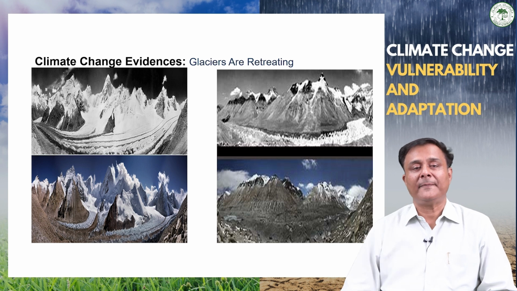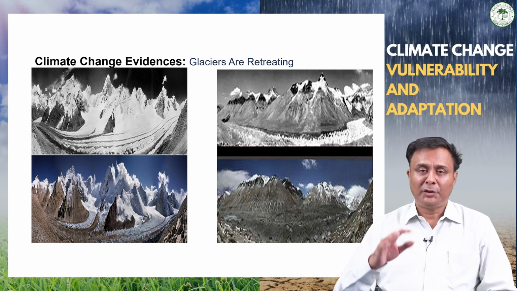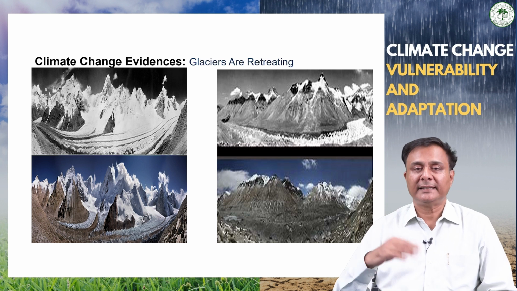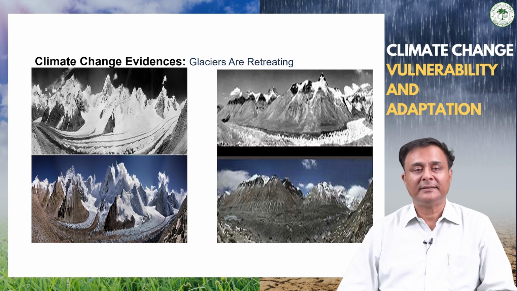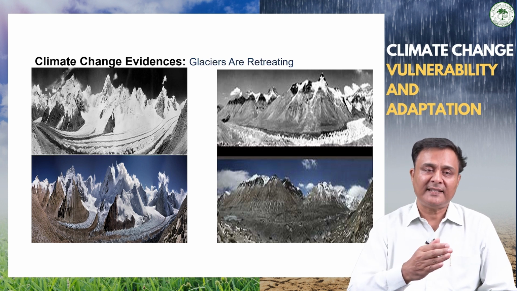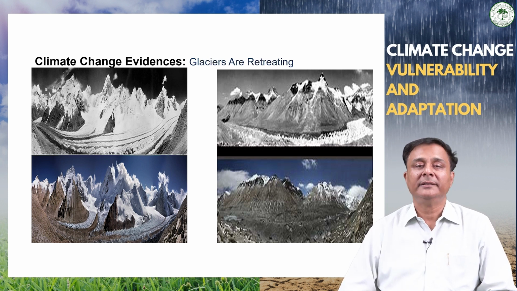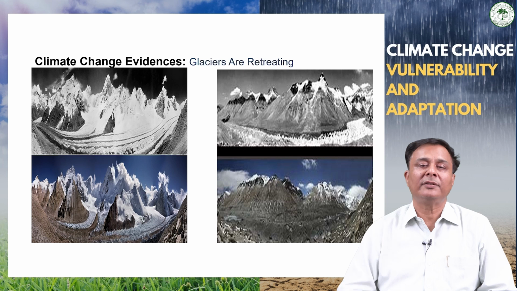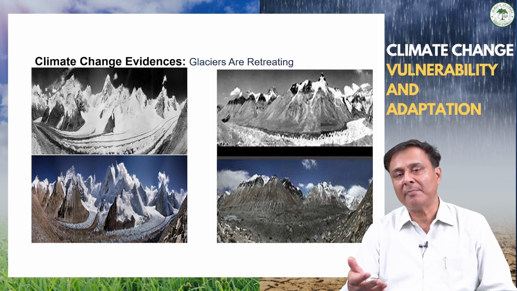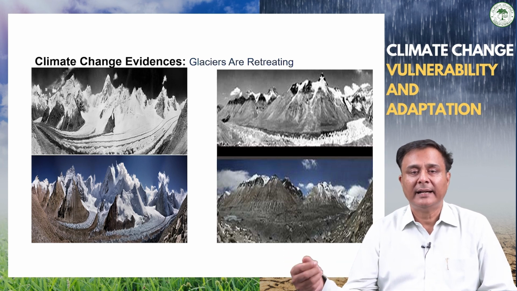More close to India, these are the pictures of two sides of the Himalayas, the northern and southern sides. In the same areas, you see, the pictures have been taken some 60 years back, and now the glaciers have disappeared. The glaciers are retreating almost everywhere around the world, including the Alps, Himalayas, Andes, Rockies and Alaska.